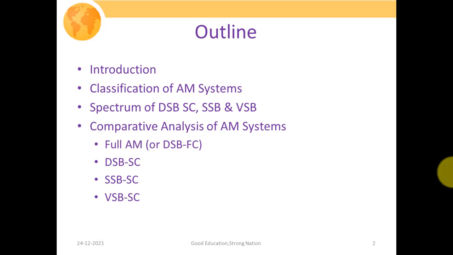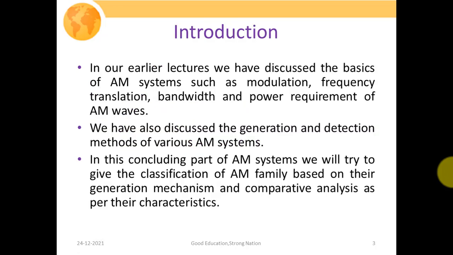Then we're going to discuss the comparative analysis of your AM systems, such as your full AM, or you could say your double sideband full carrier system, double sideband suppressed carrier systems, single sideband suppressed carrier systems, and vestigial sideband suppressed carrier systems. So in our earlier lecture, we have discussed the basics of AM systems, such as modulation, what it is, frequency translation, bandwidth, and power requirement of AM waves.